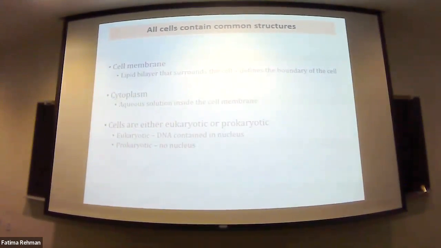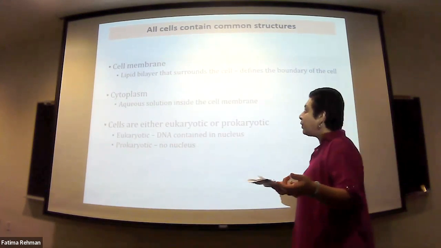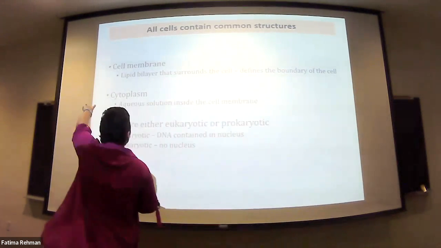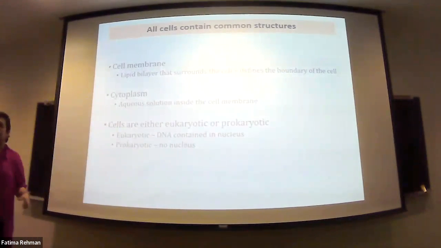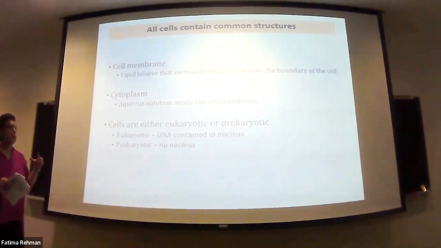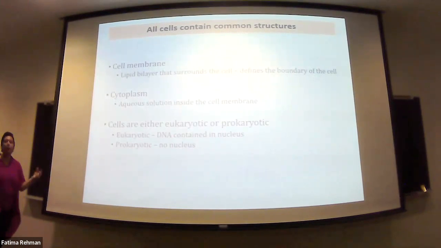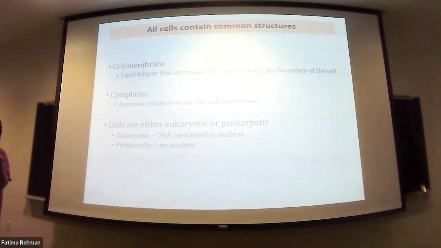So all of them, regardless of whether they are prokaryotes or eukaryotes, there are some common structures. All cells contain a cell membrane. Typically, it's a lipid bilayer, right? That makes the boundary outside the cells. And then you have some kind of an aqueous solution inside the cell, which is their cytoplasm. And then inside, they will contain all the substances that are needed to sustain that cell.